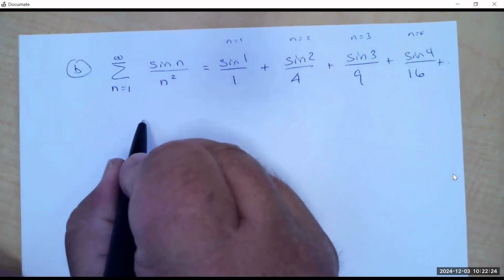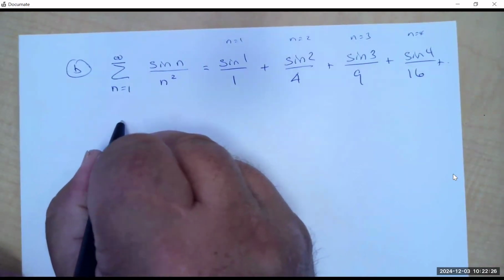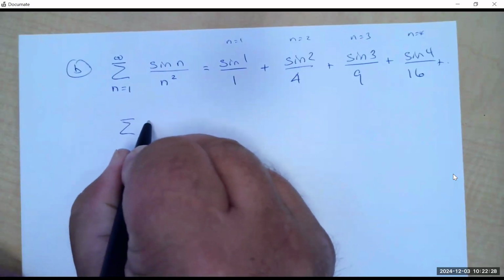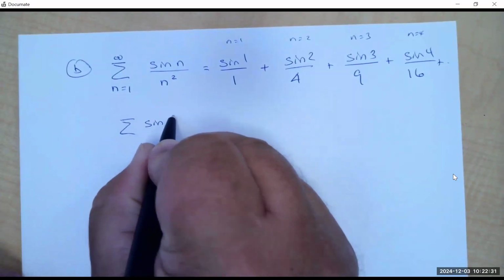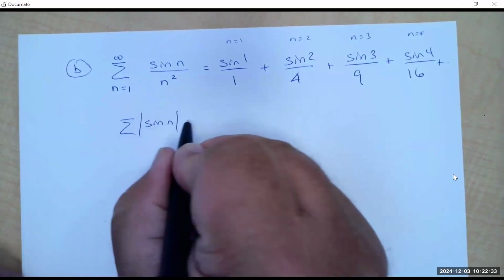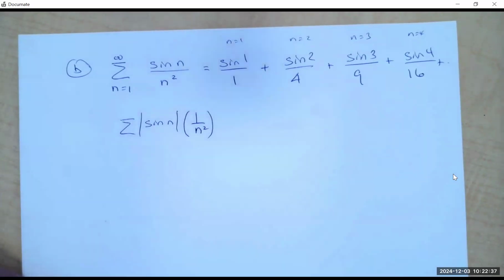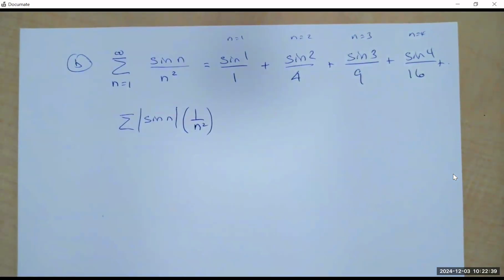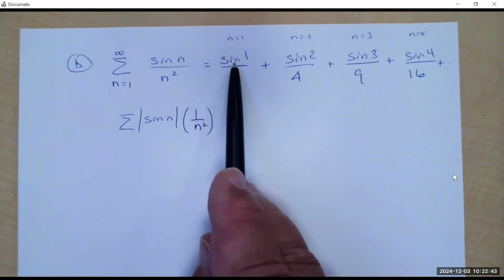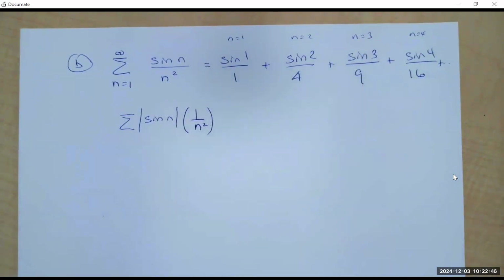Since what's happening here, we have sine n times 1 over n squared. Since the numerator can only be between plus or minus 1, or it might be 0, it doesn't matter.